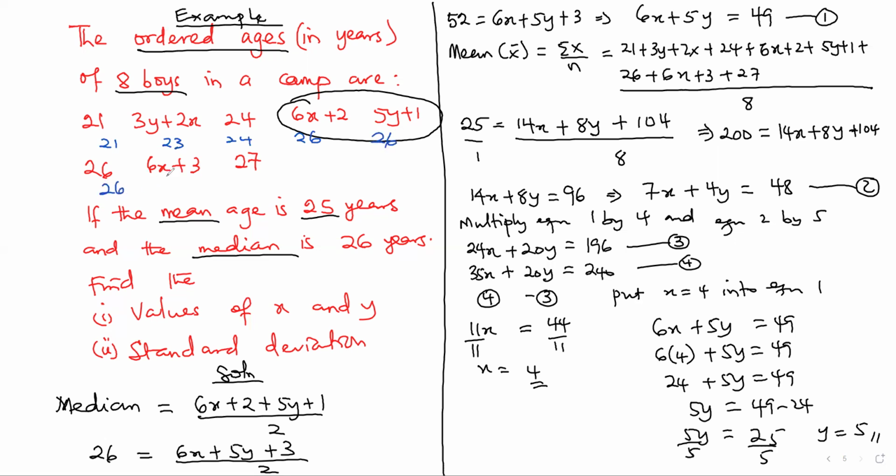Over here, our x is 4, so 6 times 4 is 24 plus 3, 27. And we have 27. So this is the new data set we will use to find our standard deviation. So let me just clean here now.